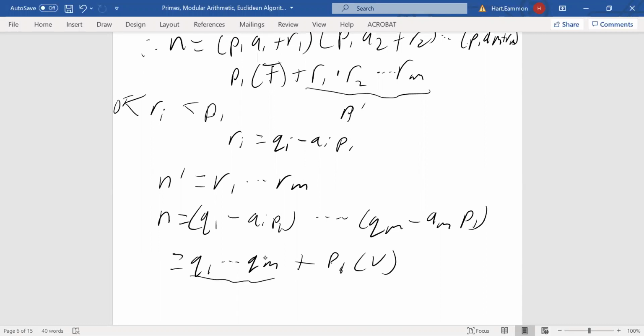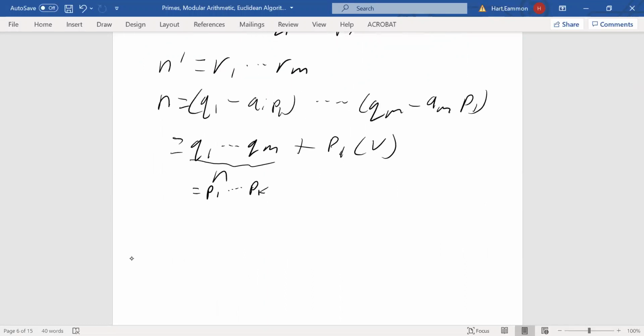Except this term also does have one, because this guy is equal to n, which is equal to P1 times all the way up to Pk. So that means that this whole setup here is equal to P1 times U, if I just add V plus P2 through Pk. So that checks out right there.